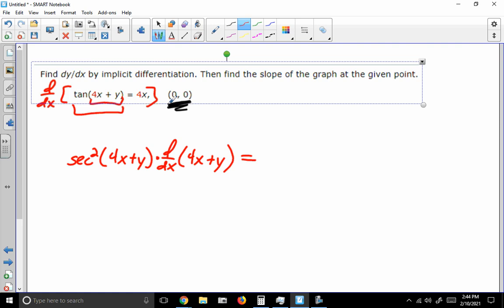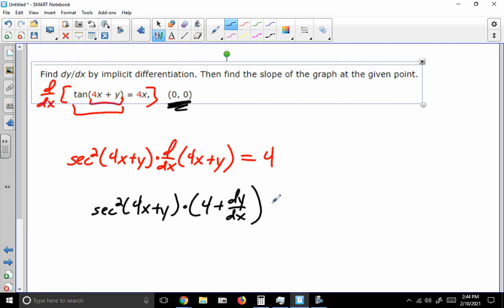On the right side, the derivative of 4x is 4. So we need to finish our derivative by taking the derivative of the inside part. So secant squared of 4x plus y, times the derivative of 4x is 4. The derivative of y is dy over dx, and that equals 4.